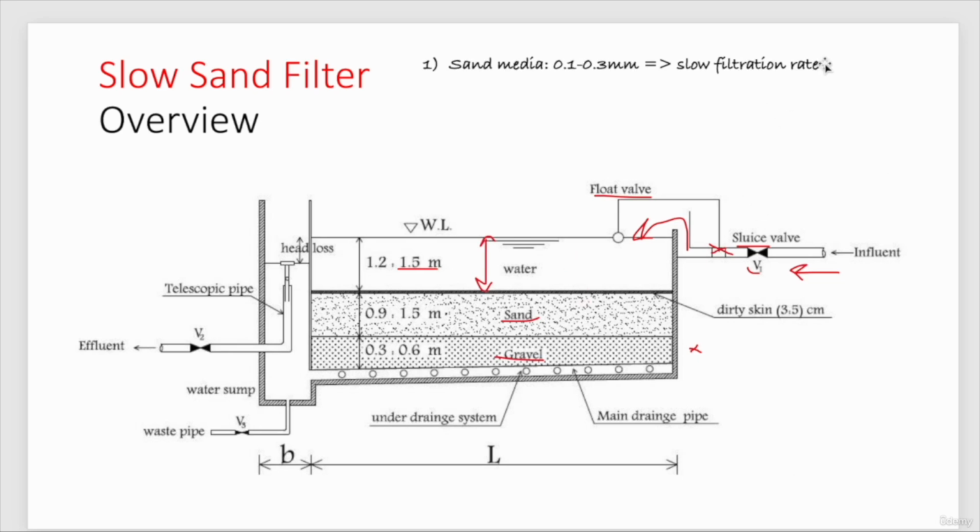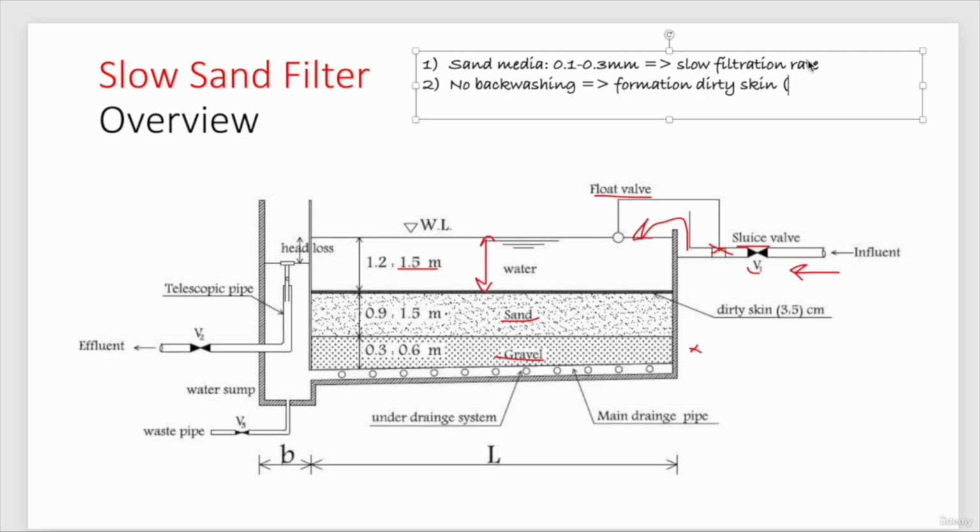This filter will not be actually backwashed. We don't have backwashing in order to clean the media. And this will imply the formation of a dirty skin, or what is more commonly known as the schmutzdecke. This schmutzdecke layer will be formed at the top of the sand layer, and maybe from its name it sounds something bad, dirty skin, a dirty layer, but actually this is the bulk of the treatment.